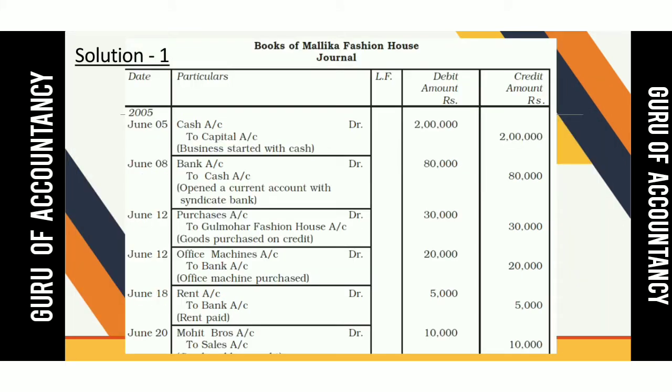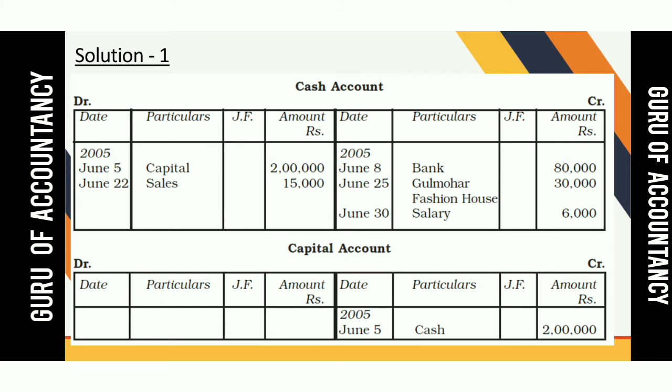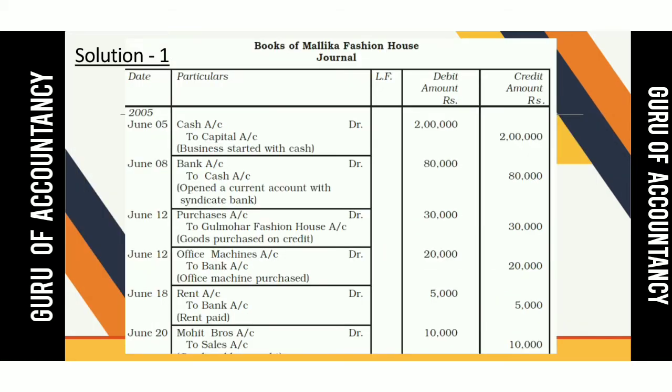Our first journal entry was cash account debit to capital. Let us first talk about the cash account. This entry would be posted on the debit side of the cash account, and in particular we will write to capital, and it is June 5. So let us see the cash account. See, on the debit side of the cash account you have written June 5 to capital rupees 2 lakh. Our entry was cash account debit to capital.